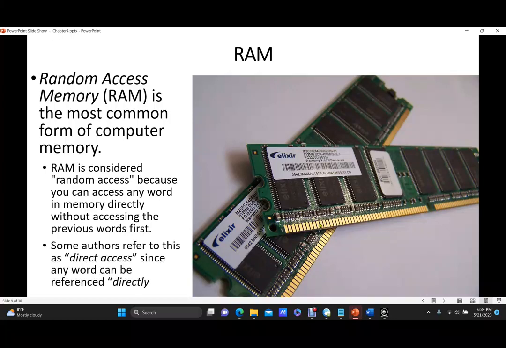Some authors refer to this as direct access, since each word can be referenced directly. Random access is more common, more traditional.